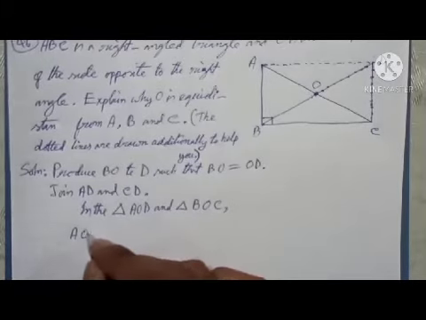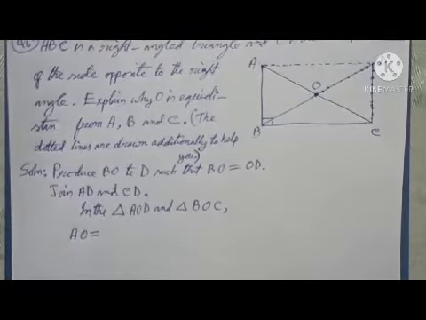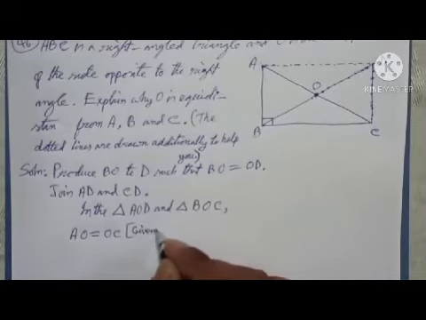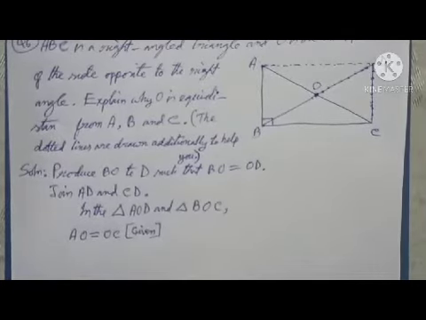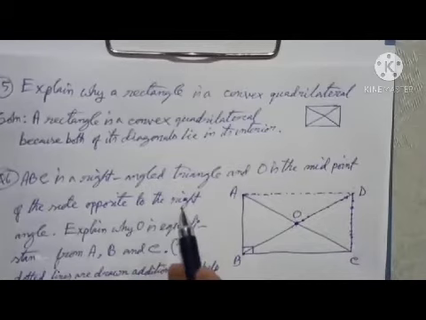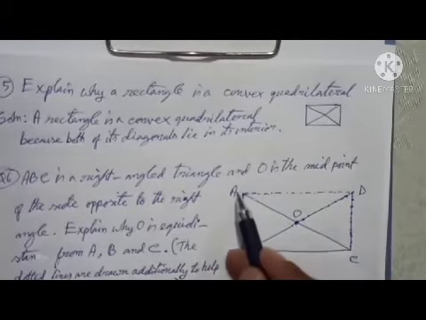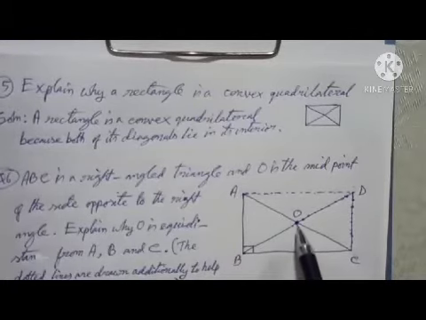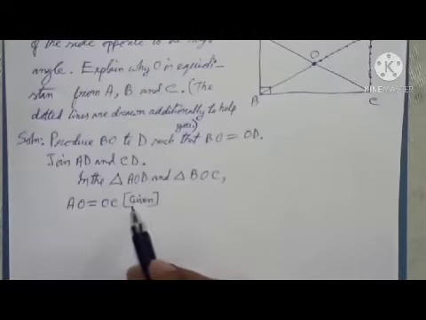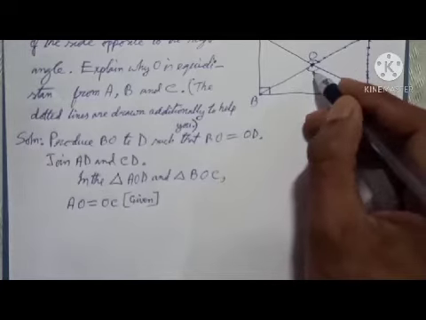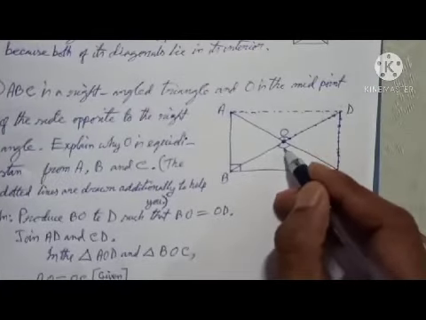AO is equal to OC, given in the question: O is the midpoint of the side opposite to the right angle, that is side AC.